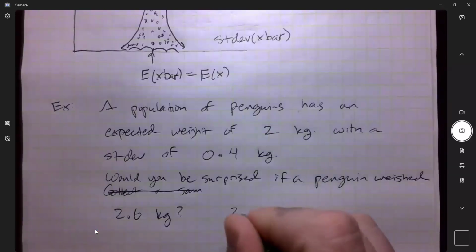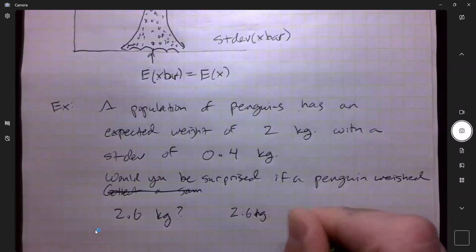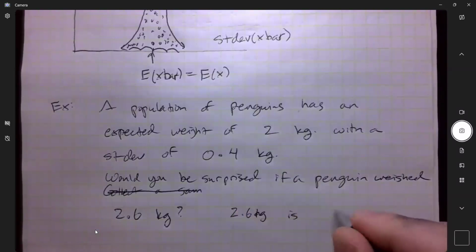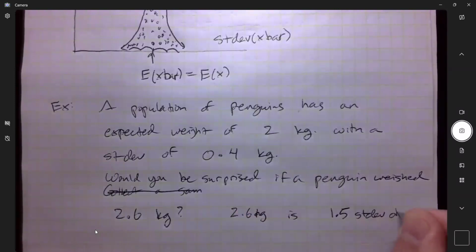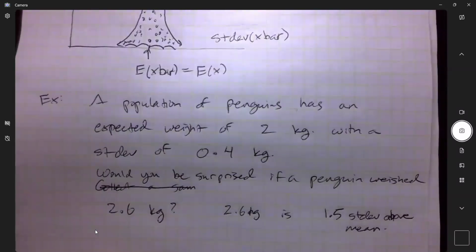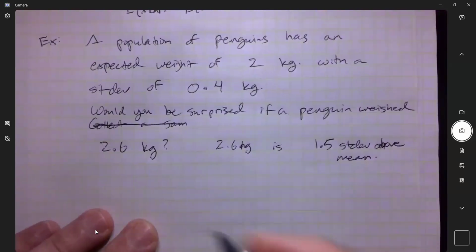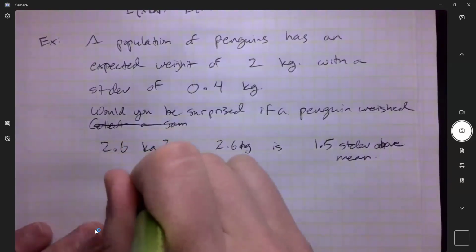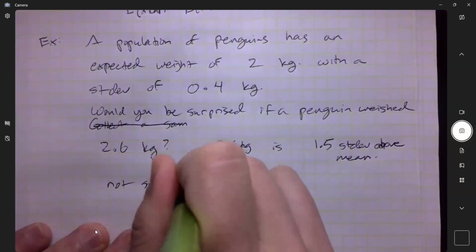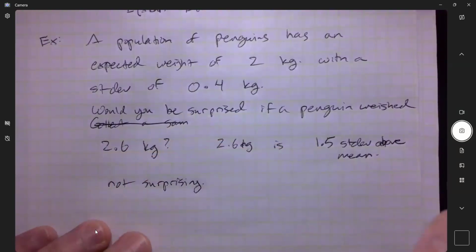Well, 2.6 kilograms is only 1.5 standard deviations above the mean. So that's not surprising, right? Using our 2 standard deviations rule of thumb, this is not surprising. This is not an extremely high weight.